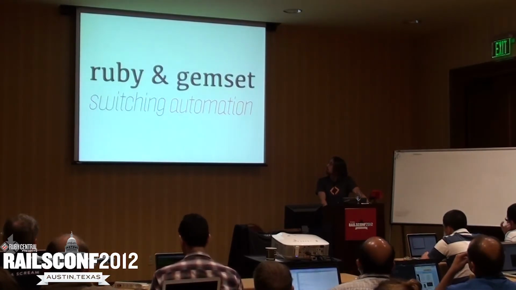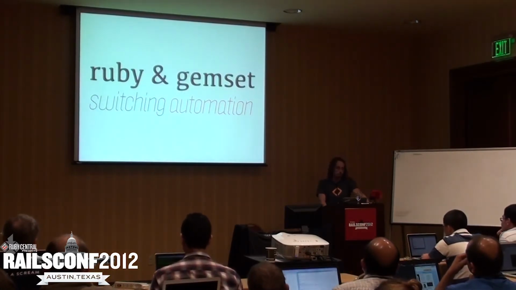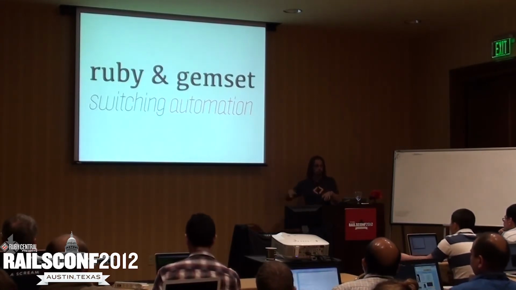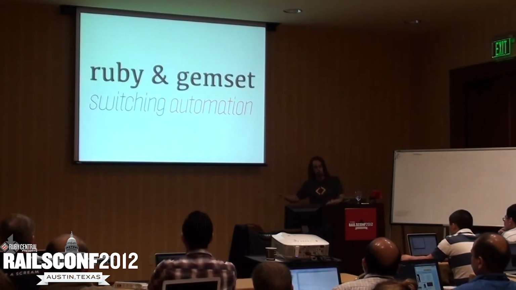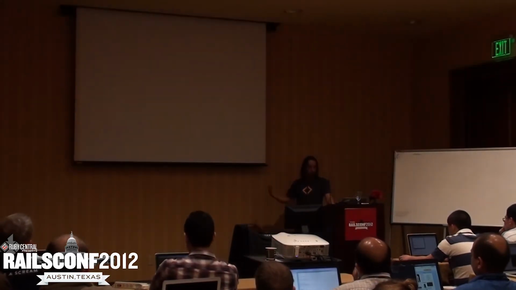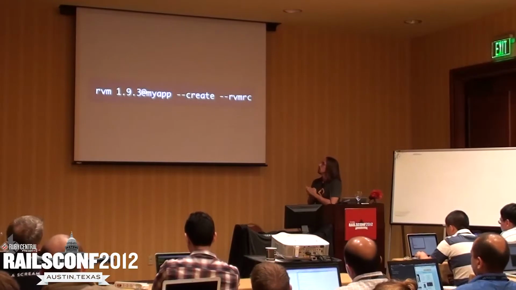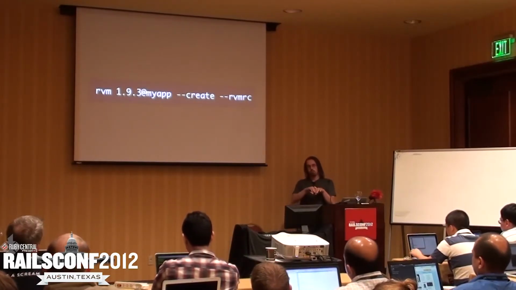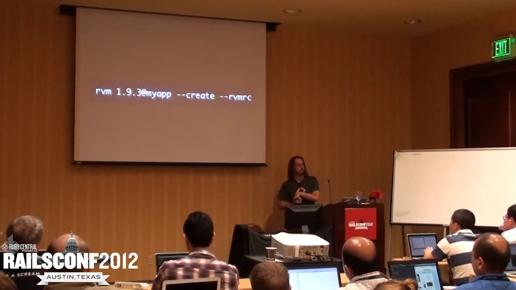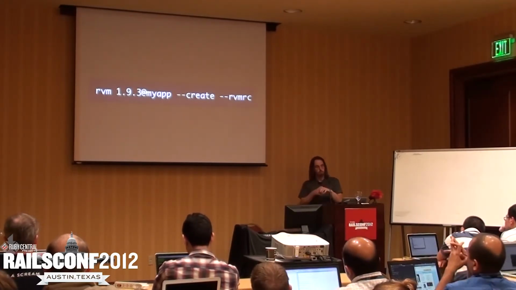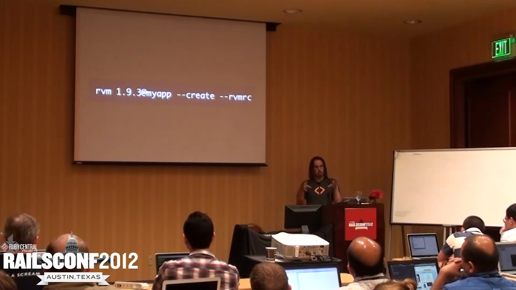Now the other neat thing about RVM is automating all that stuff. See, I typed a bunch of commands over there as rvm use, rvm gemset create, all that stuff. You don't have to do that. If, for instance, inside of an application, whenever you go within the folder of that application with your command line, you want to tell RVM to detect what version I declared this application should be using.